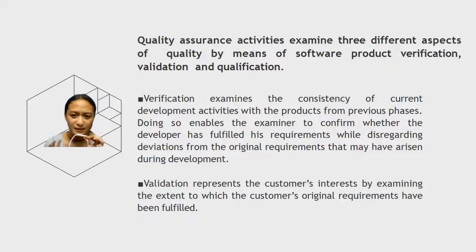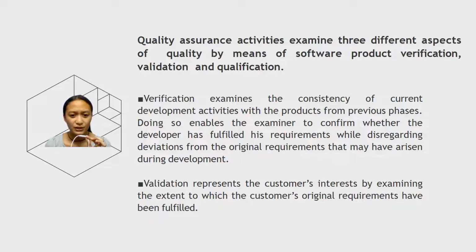Verification examines the consistency of current development activities with the products from previous phases. Doing so enables the examiner to confirm whether the developer has fulfilled his requirements while disregarding deviations from original requirements that may have arisen during the development.